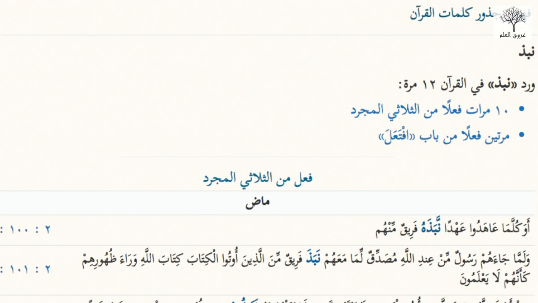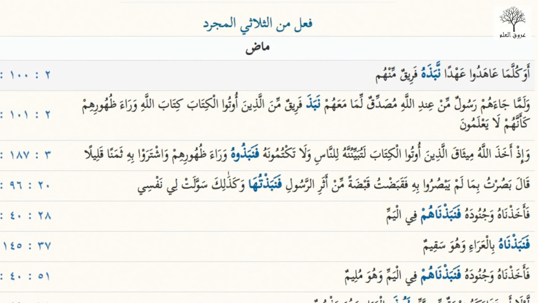Finally, let's look at the verses. So nabadha in the Quran comes 12 times. Ten times it appears in the thulathi mujarrad, so nabadha yanbudhu, and twice it appears in the ifti'al pattern, intabadha yantabidhu. So let's have a look here.